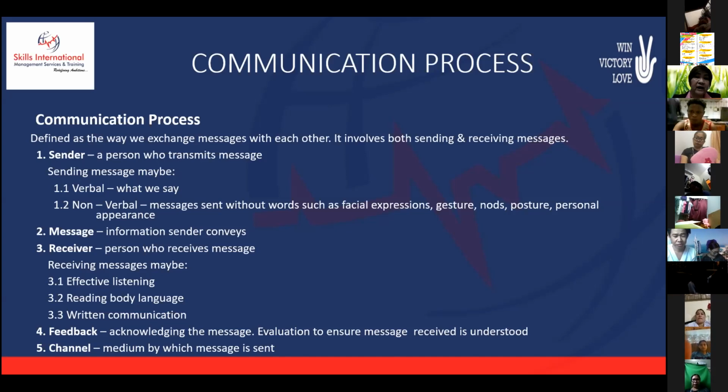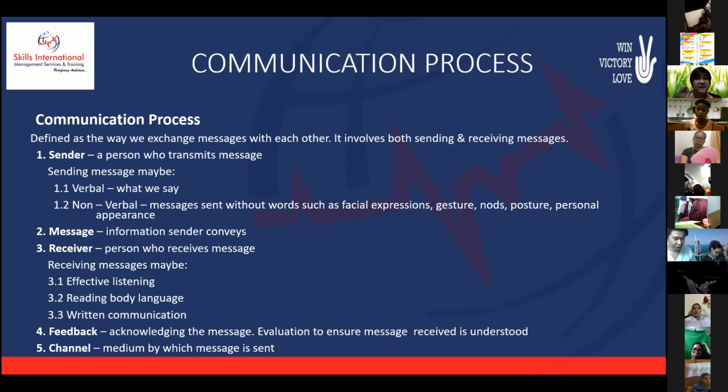So messages is number 2. In the communication process, we have a sender and we have the messages. Messages are those information that the sender conveys. Messages are the information that we send across. Number 3, we have a receiver. Receiver is a person who receives the message.